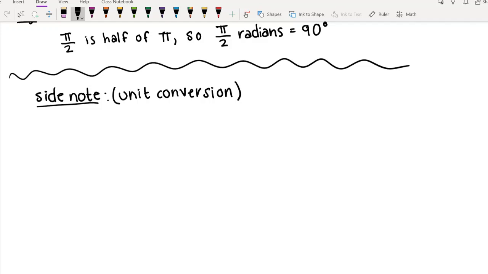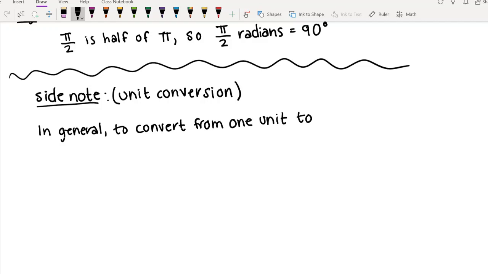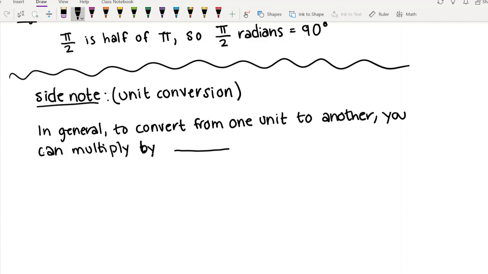So in general, to convert from one unit to another, you can multiply by a fraction where you're going to have some number of your new units over some number of your old units.